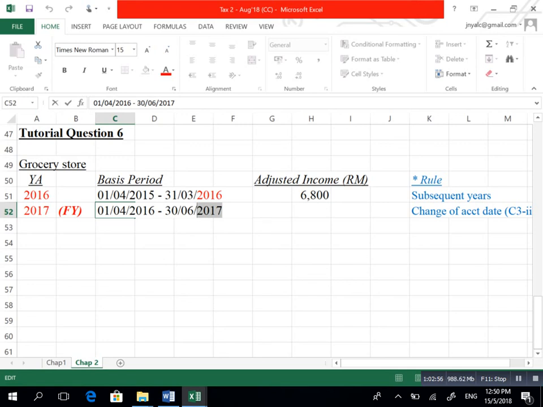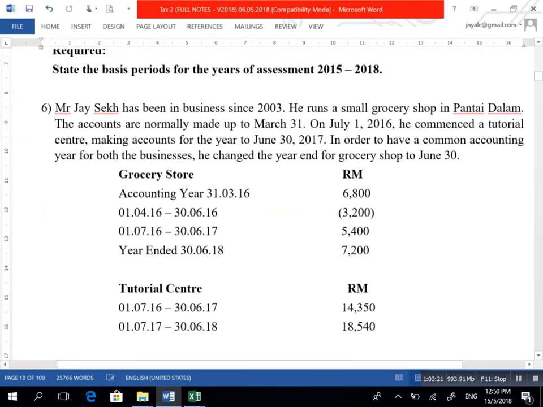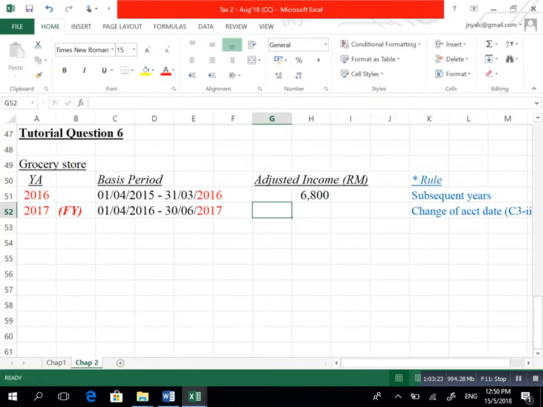So how do you calculate adjusted income? Yes, you must also add the negative 3,002, the loss amount, plus 5,400. So in total? Yes, your answer should be 2,200. And the question asks us to do up to 2018. 2018, is it now back to normal?